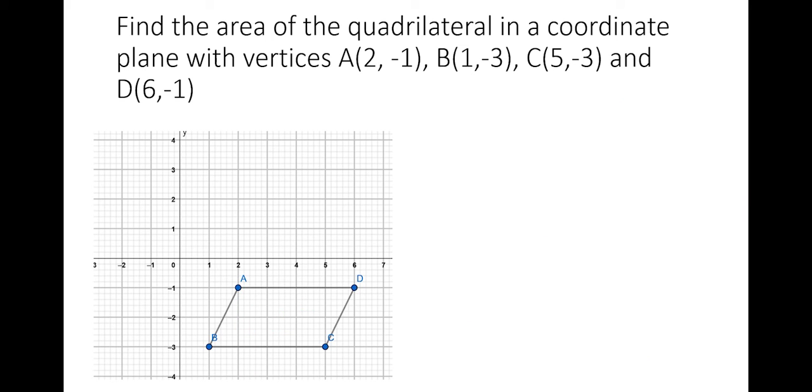We can also find the area by breaking into different shapes. So if we break this into different shapes, I can see we have 2 triangles here. And I see I have a rectangle.